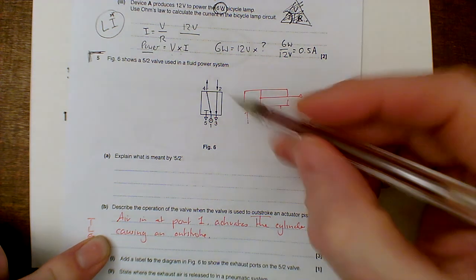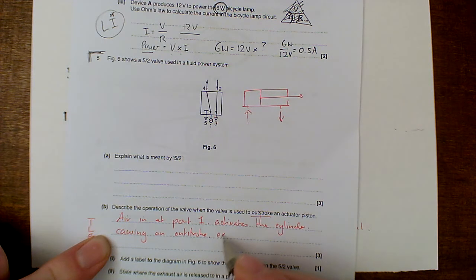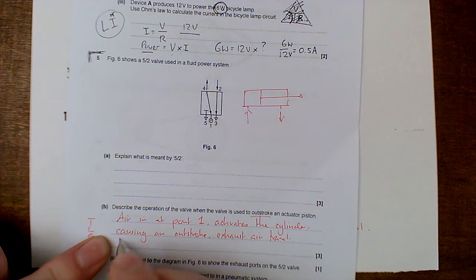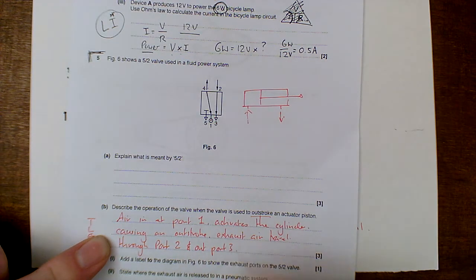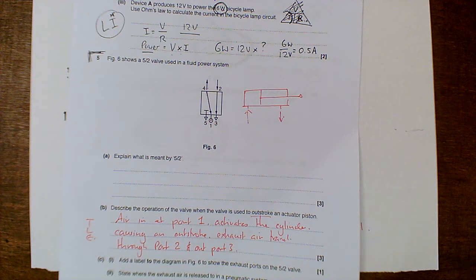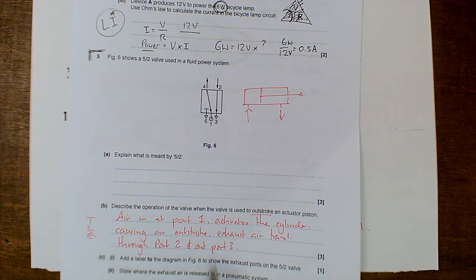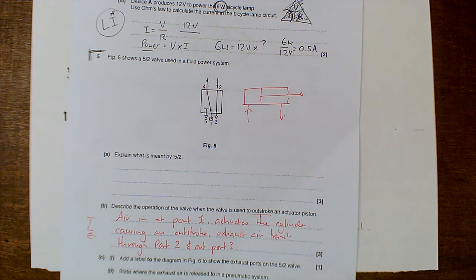But this also means that air is coming out of here and exhausting. Exhaust air travels through port 2 and out port 3. Okay, talk like an engineer, think like an engineer, use the vocabulary, and you'll be able to pick up the marks.